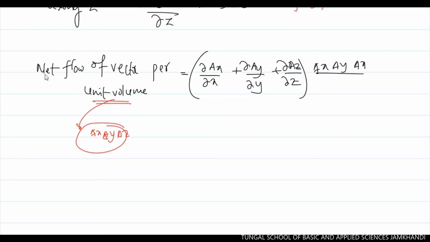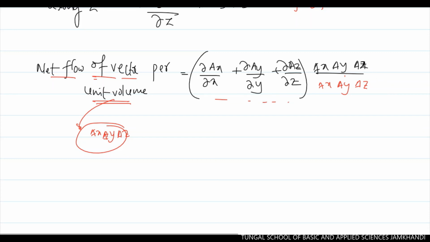So as I have defined the net flow of a vector per unit volume, because whatever I have written here is about total flow only. Per unit volume is given by delta x, delta y, delta z. Alright, so it should be z, right? Okay.